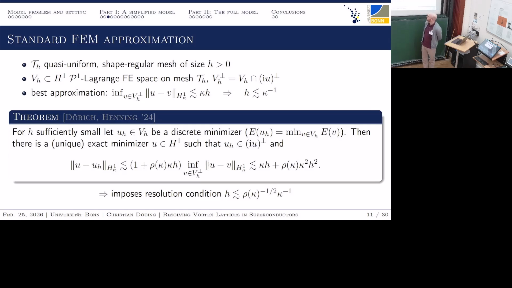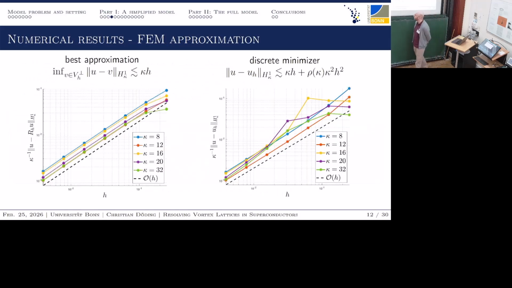And now you might say, okay, this is somehow an artifact from the error analysis, but you can actually observe this additional resolution condition numerically. So on the left-hand side here, you see the best approximation error. So I computed an exact minimizer on some fine approximation space and then projected into a coarser finite element space.